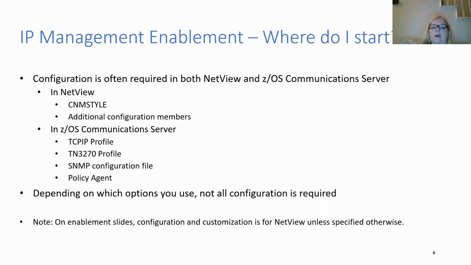There are occasionally some additional configuration members. In zOS communication server, you might need changes in your TCP IP profile, your TN3270 profile, an SNMP configuration file, and the policy agent. So depending on which options you use, you're not going to make changes in all of those areas all of the time.